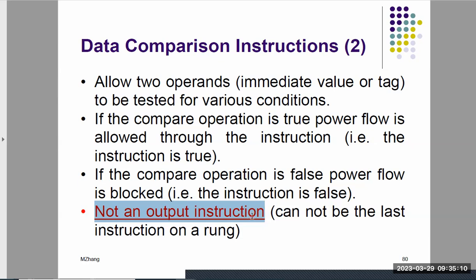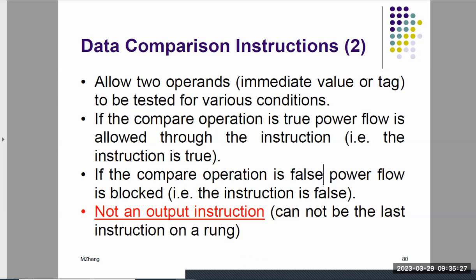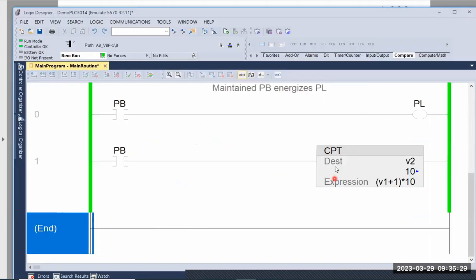It's an input instruction. You could have a true result or a false result. So that's something you need to be aware of. Let's see a demo on the instruction.